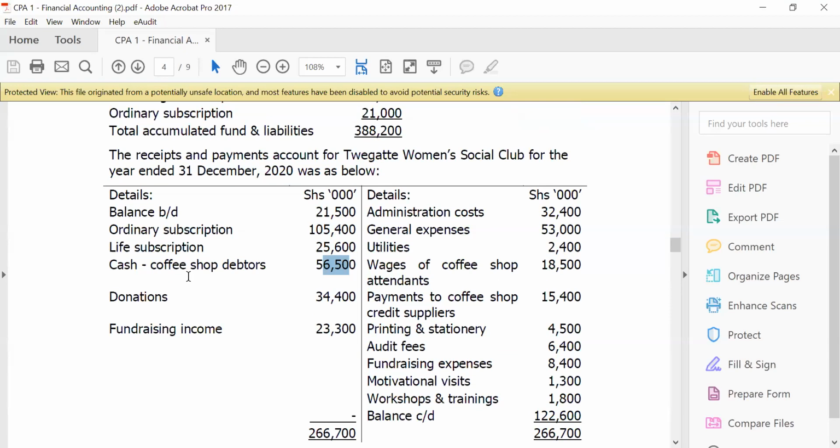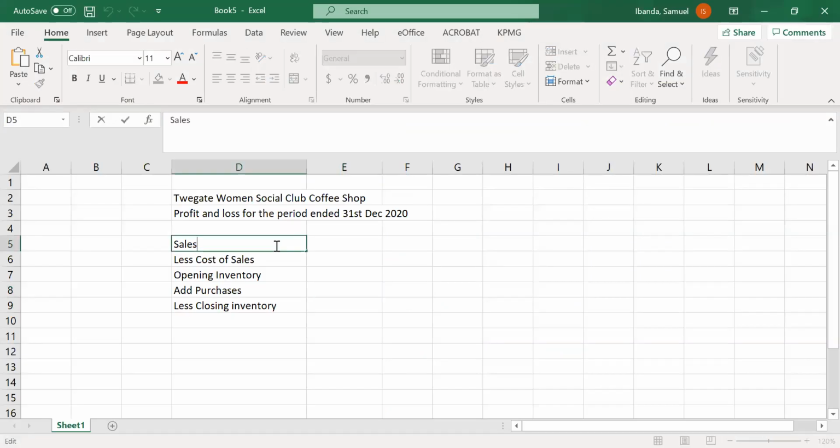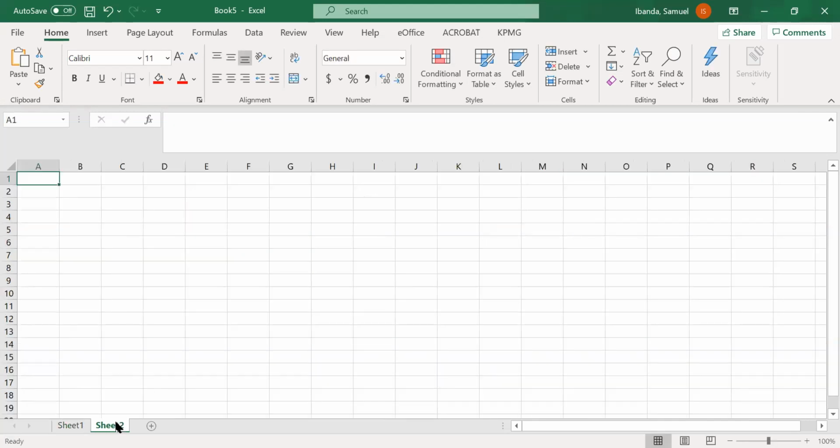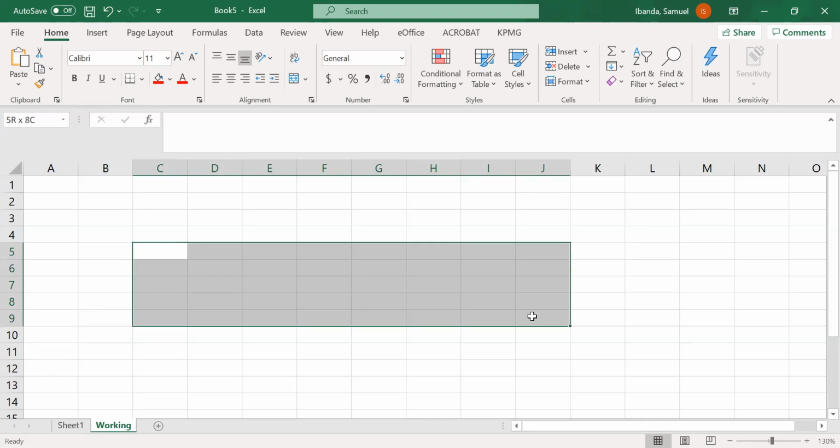Now, when you determine your sales at this level, you use what we call control accounts. So I'm going to put working 1, and I'm going to have a working tab here, and I'm going to calculate my sales by drawing up what I'm going to regard as my control account.